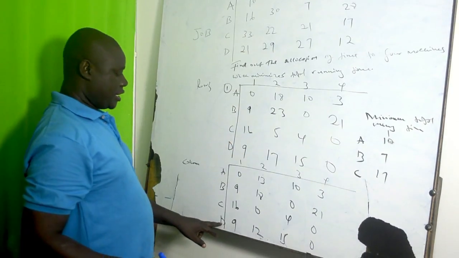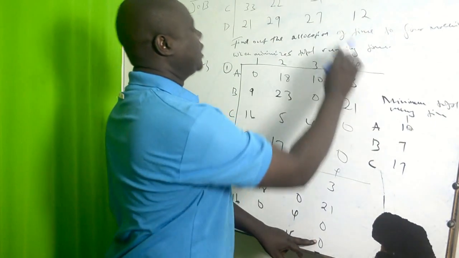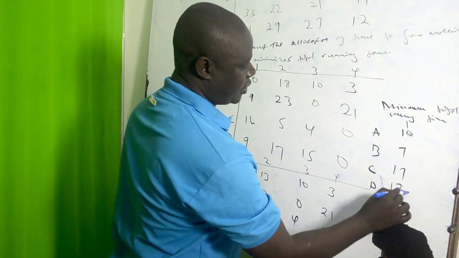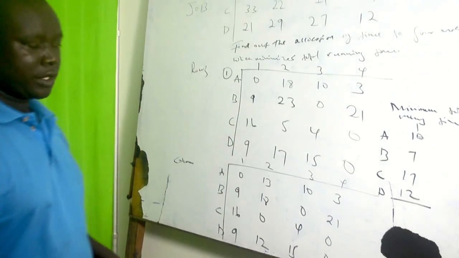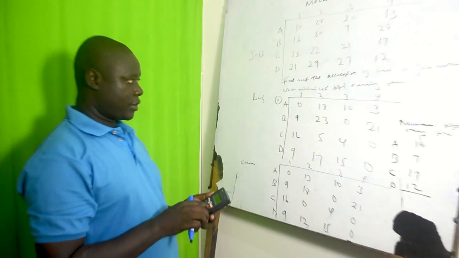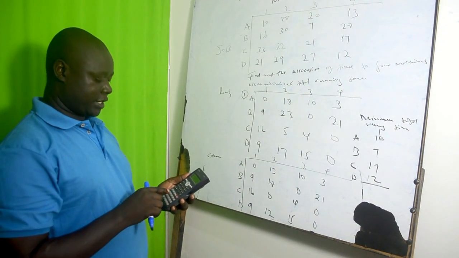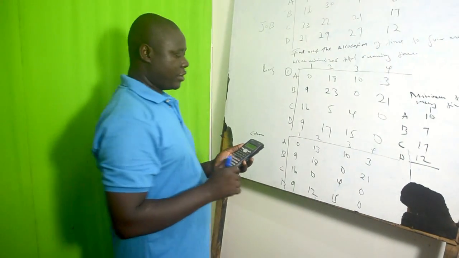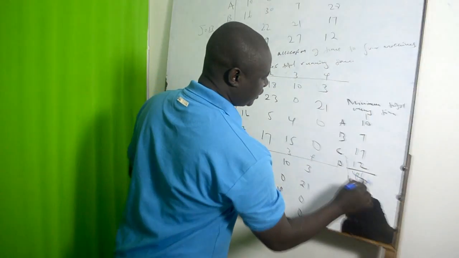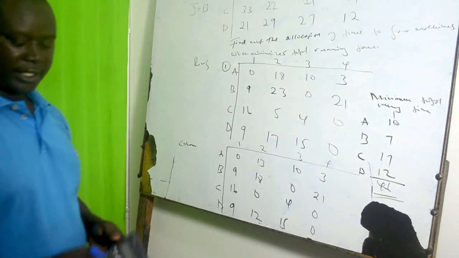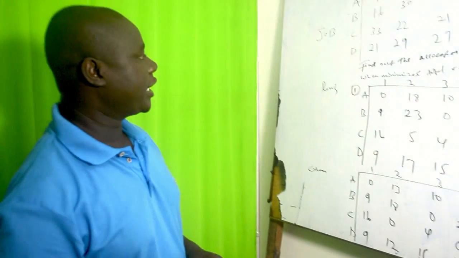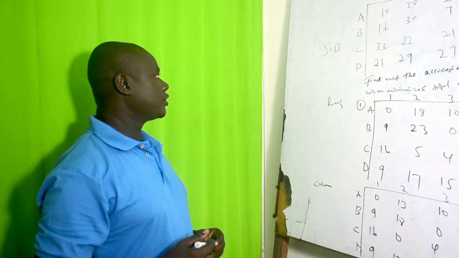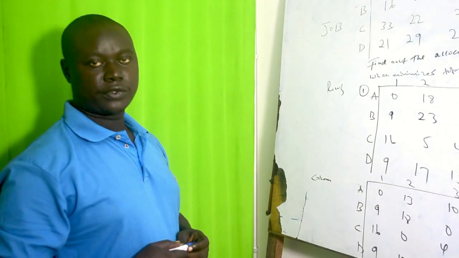Then D, we have it here, which is 12. Then you add 10 plus 7 plus 17 plus 12, you get 46. So 46 is the minimum minutes that can be taken to run those 4 jobs.